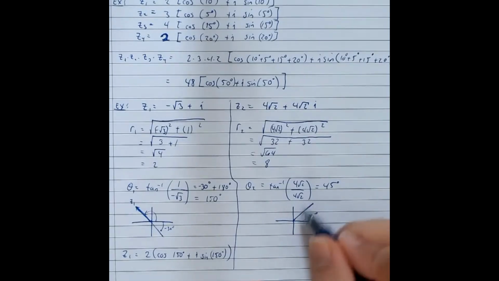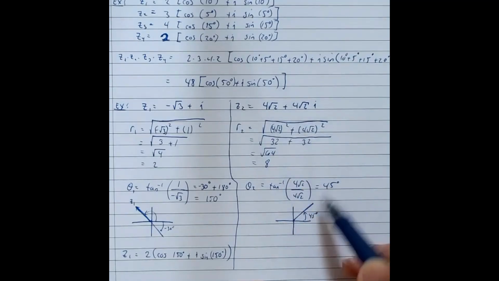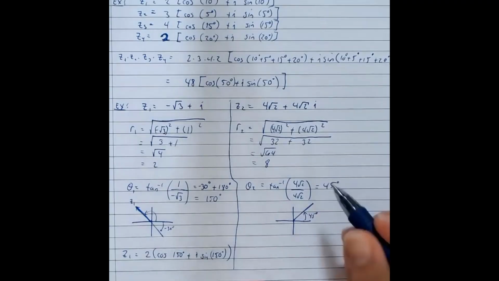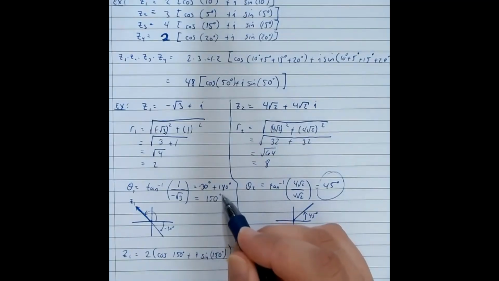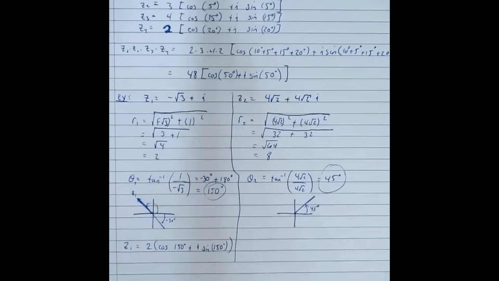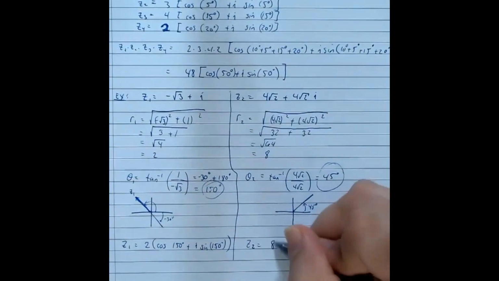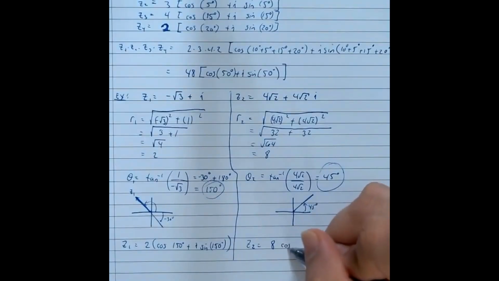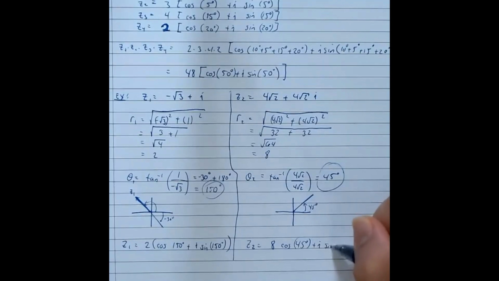That does put me in quadrant 1 the way it's supposed to. This angle puts me in quadrant 1, and so this is the correct theta. Over here, it was not the correct theta. We had to adjust it. We had to correct it. So here, Z2 is going to be given by 8 times the cosine of 45 degrees plus I sine of 45 degrees.